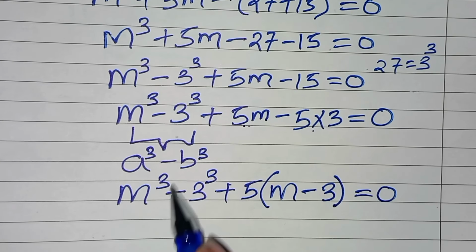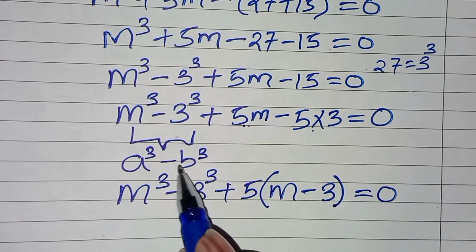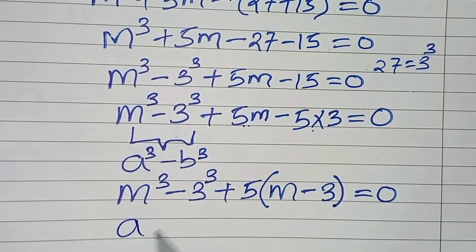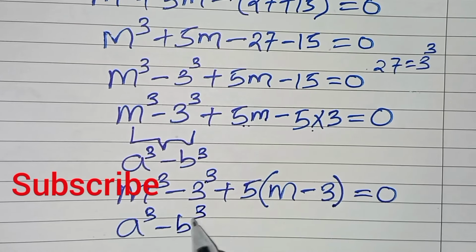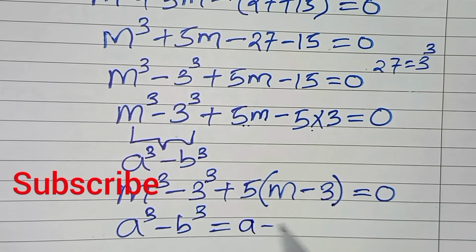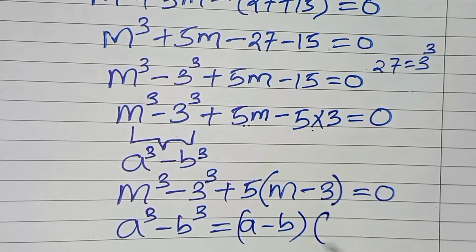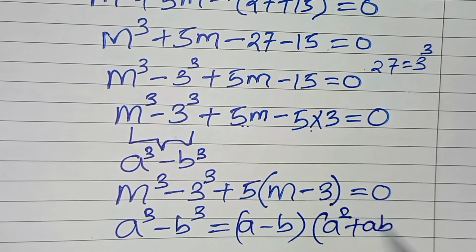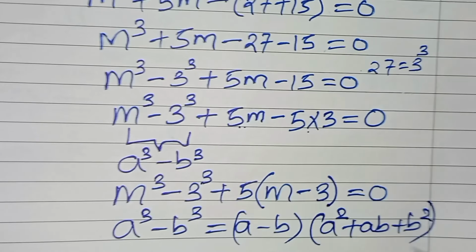So we have m cubed minus 3 cubed. Applying the difference of two cubes, that is a cubed minus b cubed, which is essentially a subtract b, times a squared plus ab plus b squared.